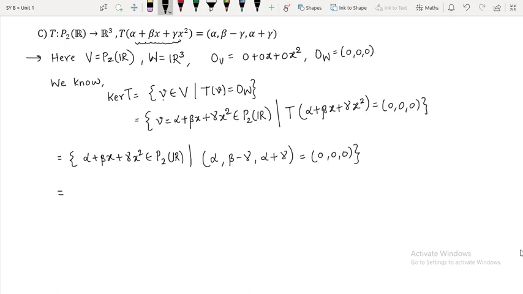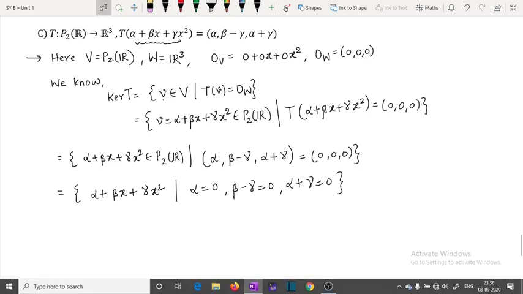is equal to (0, 0, 0). Now simply comparing, this is equal to the set of all alpha plus beta x plus gamma x square such that alpha is equal to 0, beta minus gamma is equal to 0, and what? Alpha plus gamma is equal to 0, right?